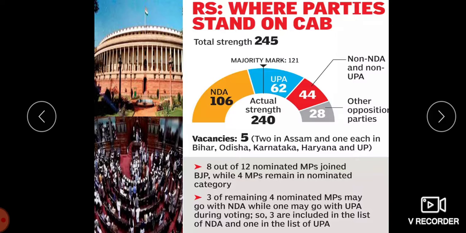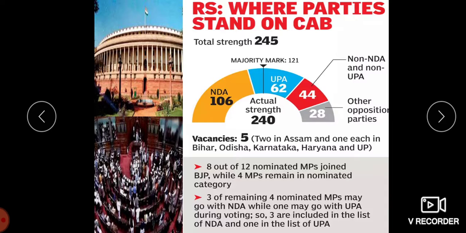In the past, many eminent persons have been nominated to the Rajya Sabha by the President, like Raja Ramanna, who was a nuclear scientist, Mrinal Sen, who was a film producer, Hema Malini, actress, Kartar Singh Duggal, who was a writer, and Nirmala Deshpande, who was a social worker. Like this, there are many persons from different fields.